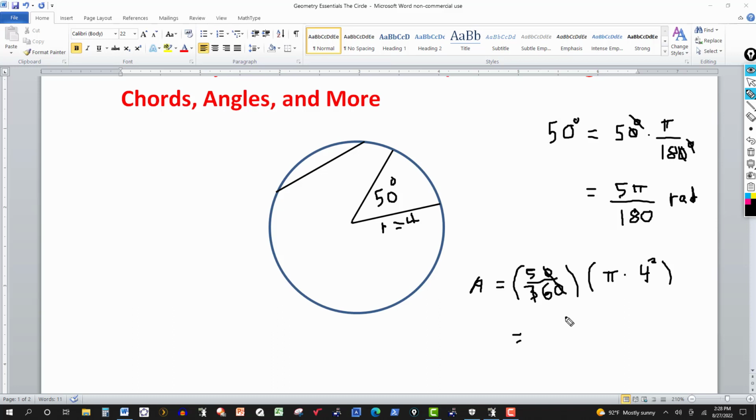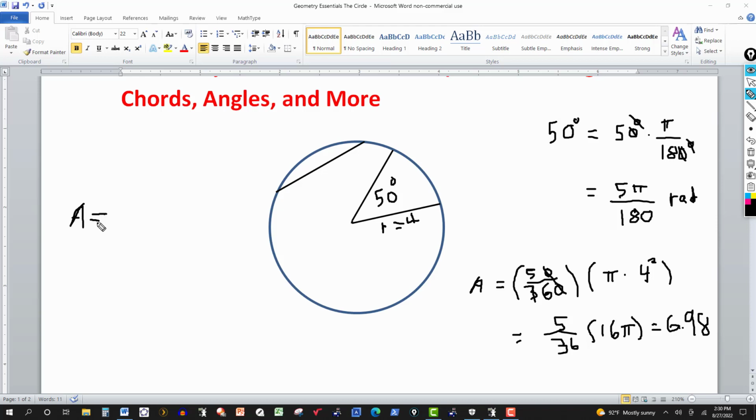These cancel out here, so I get 5 over 36 times 4 squared, which is 16, so 16 pi. And then you can just multiply this out and leave the answer in terms of pi, 80 pi over 36, and then simplify, or you can just use your calculator. This should come out to 6.98 square units.